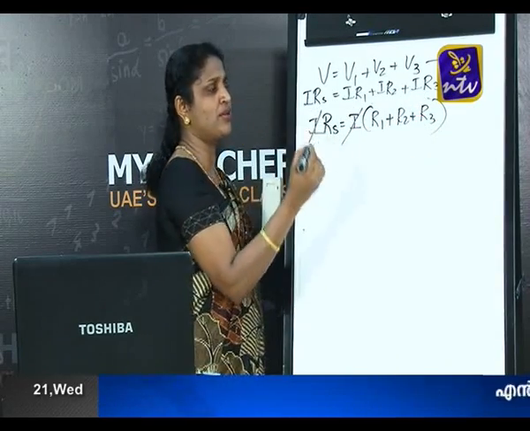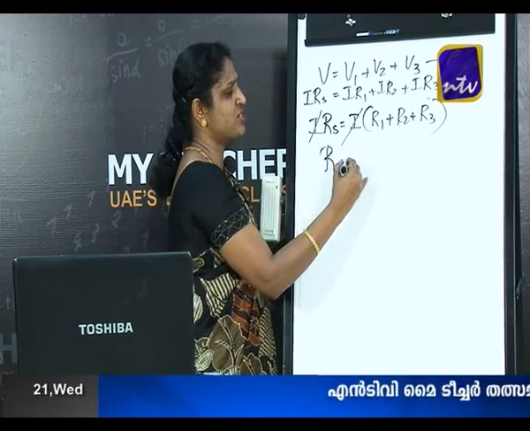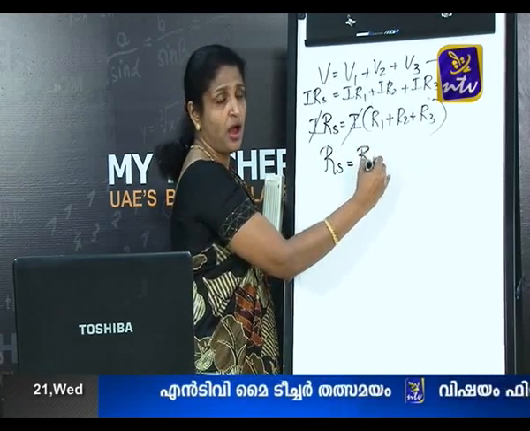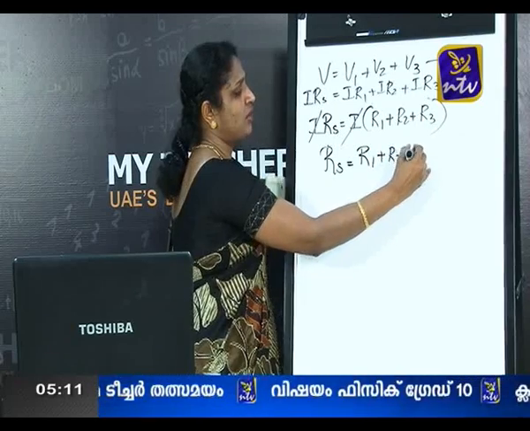Cancelling I from either side, the effective resistance in series is obtained as R1 plus R2 plus R3.